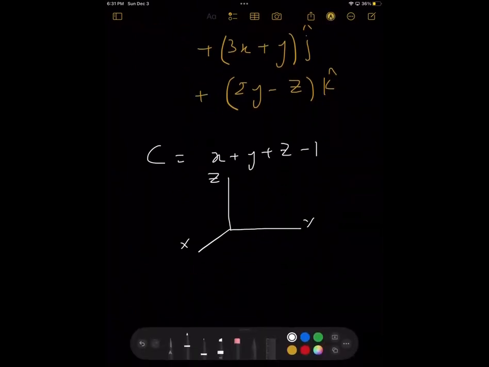If I put y and z zero, my x is 1, so this is 1, 0, 0. If I put x and z zero, this is 0, 1, 0, a point on y, and this is 0, 0, 1. Fine, these are our points. So this is the surface.